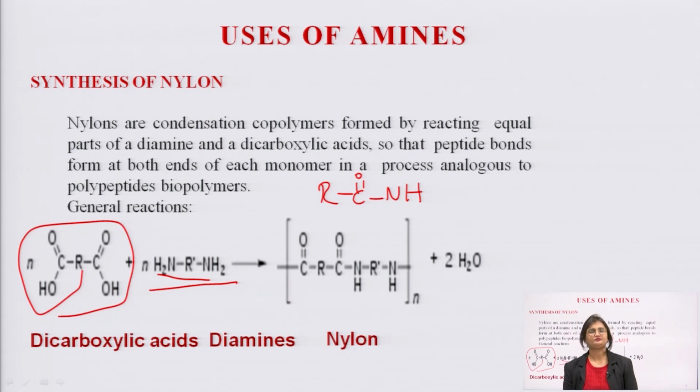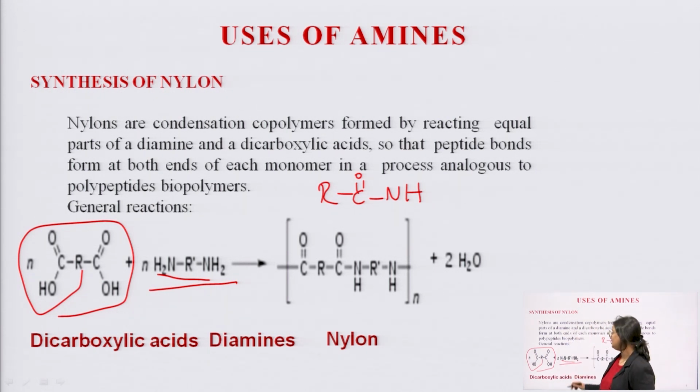How is a nylon formed? Basically, nylon is a copolymer. It contains n number of repetitive units of amines and carboxylic acids, amine in the form of diamine, carboxylic acid in the form of dicarboxylic acid. They are attached to each other in such a manner that peptide bonds are formed on both the groups.